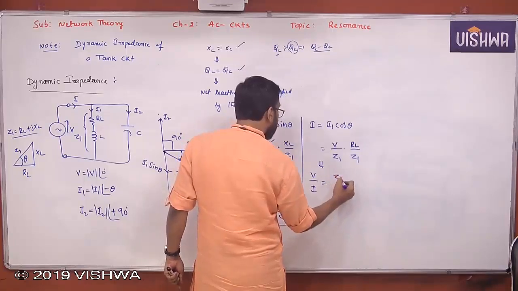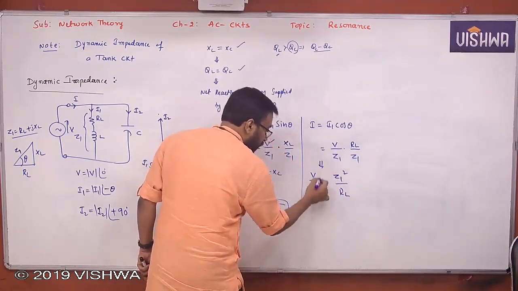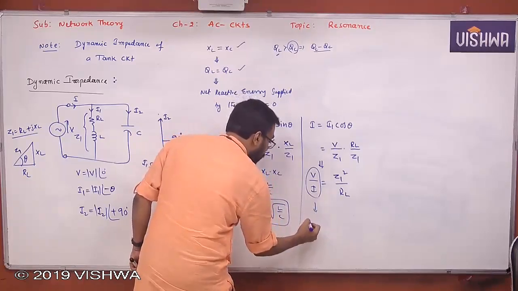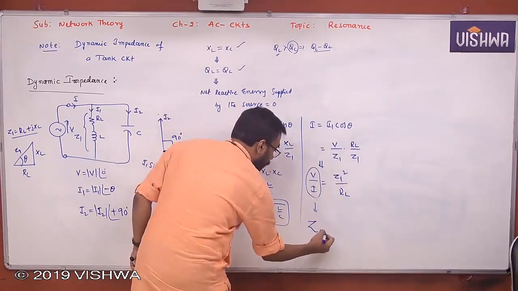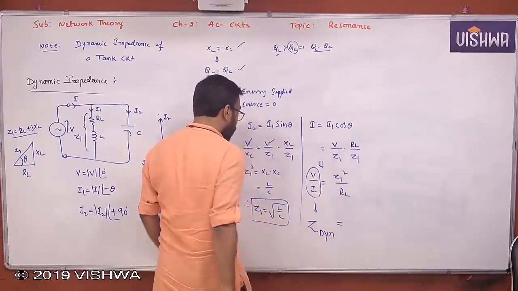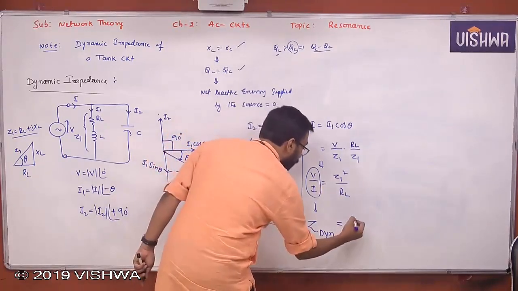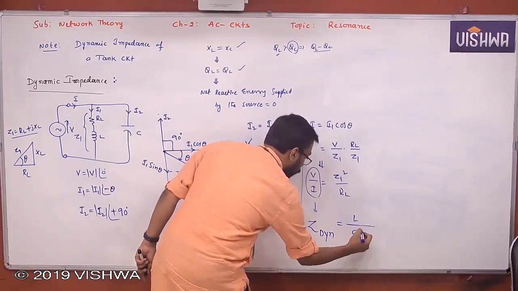So it is Z1 square by RL. This one is called Z, and since you are applying the resonance condition, you call it Z dynamic. What is Z1 square actually here? L by C, therefore Z dynamic is L by C into RL.